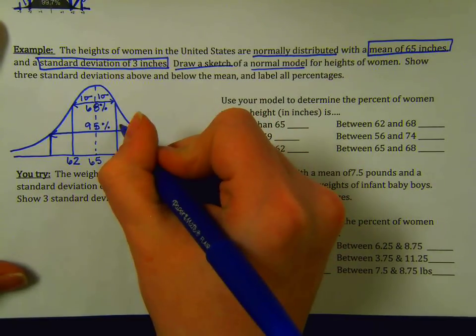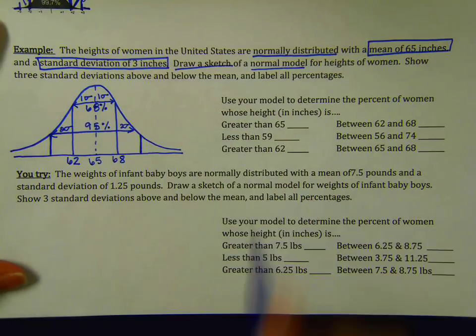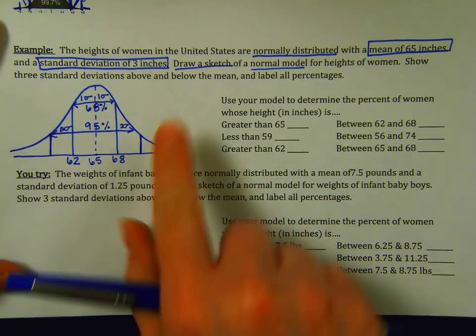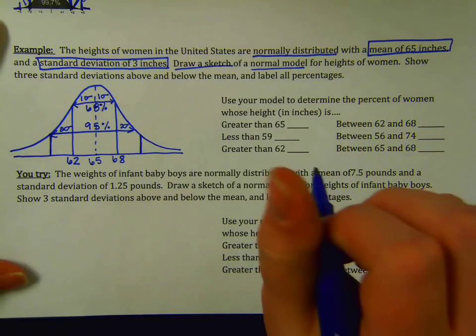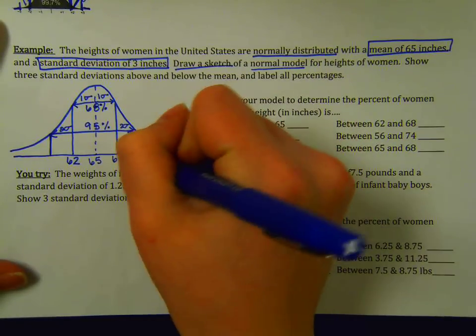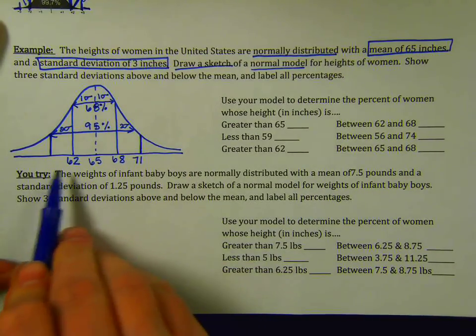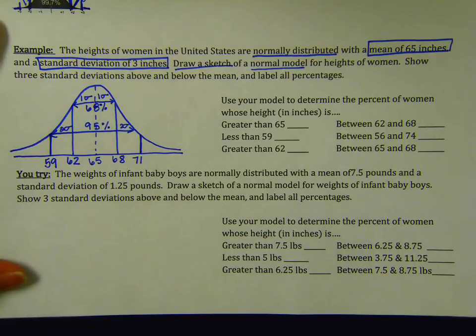And we have 2 standard deviations. Got to figure out this point. So I'm taking 68, add my standard deviation of 3. Hopefully you said 71. Then 62 minus 3. Hopefully you said 59.